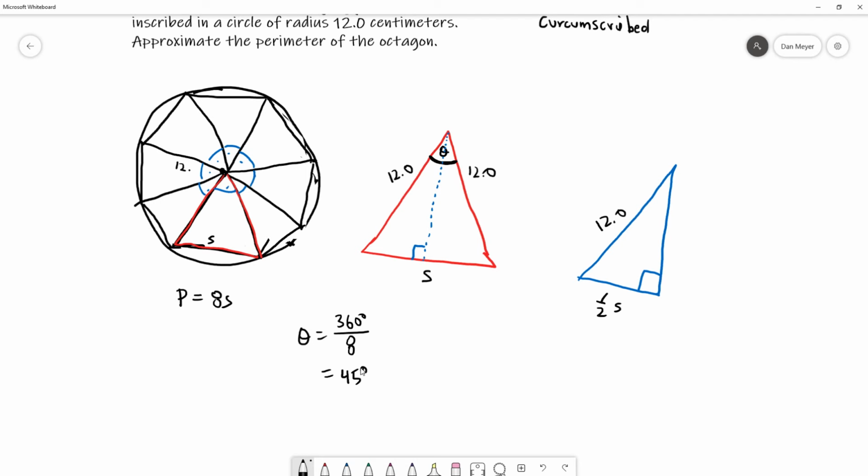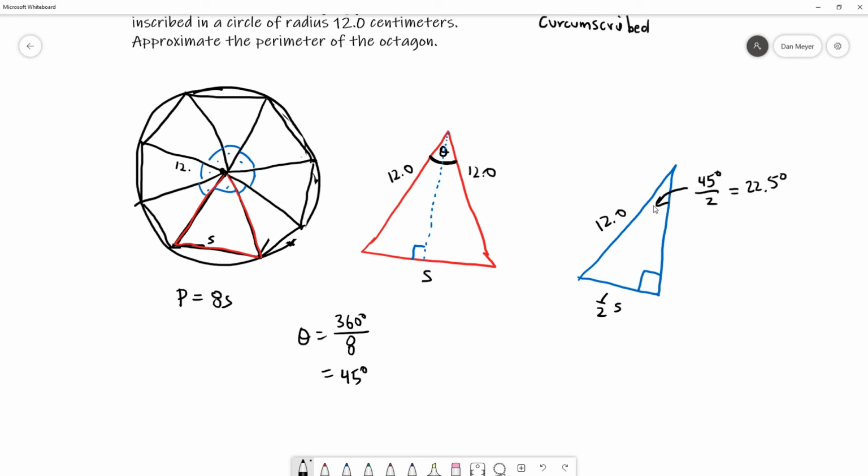Because this is an isosceles triangle, I've got two sides that are the same length. Because I have an isosceles triangle, the altitude bisects the angle theta. So that tells us that this angle right here is 45 degrees divided by 2, which is 22.5 degrees, I think.